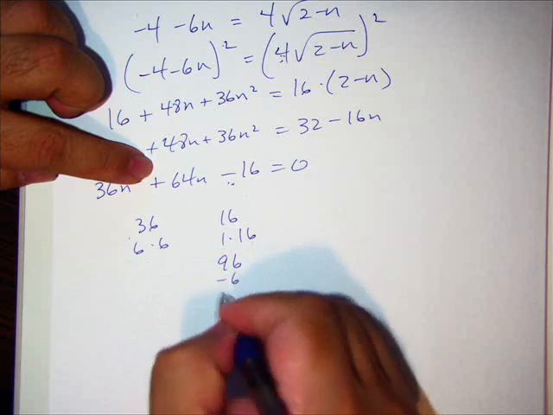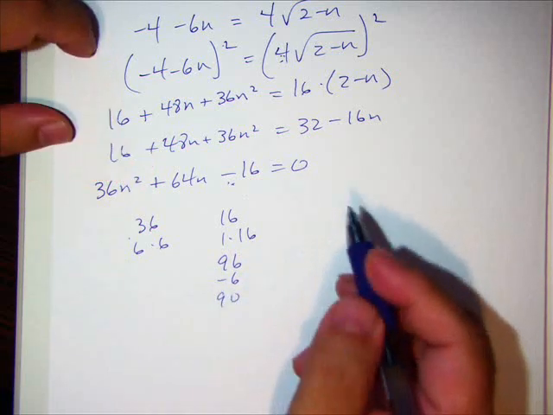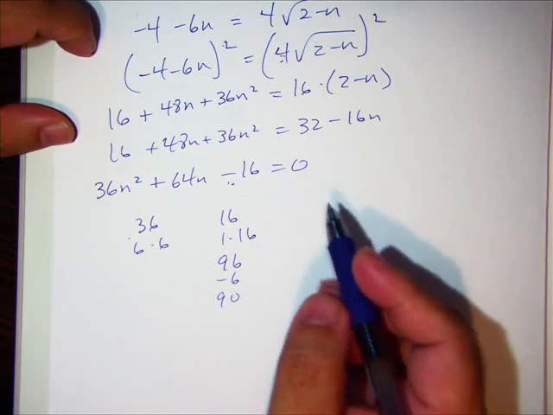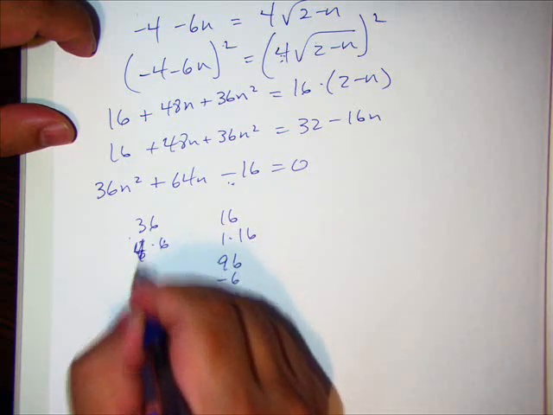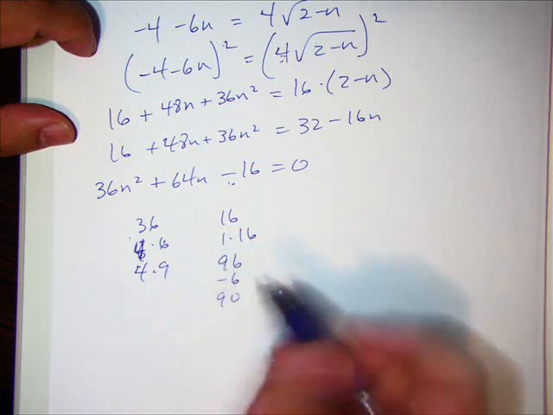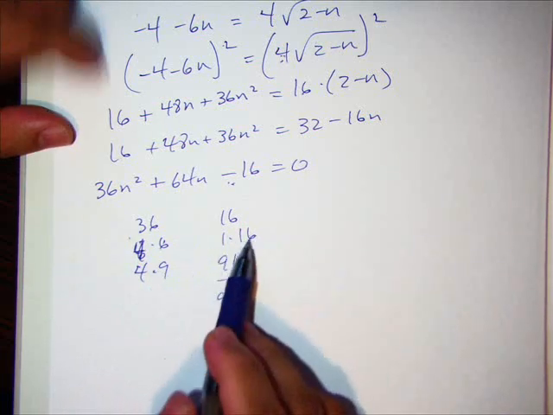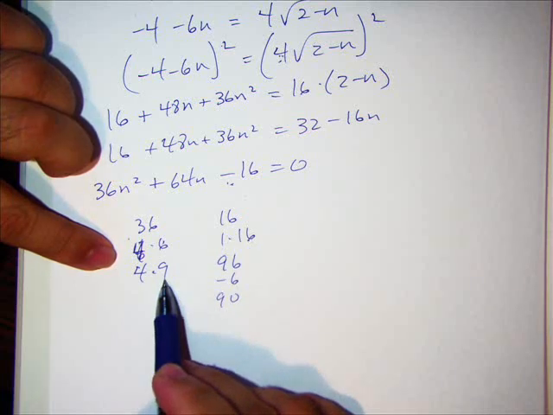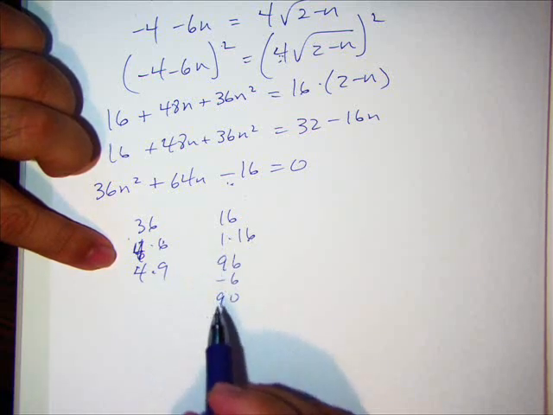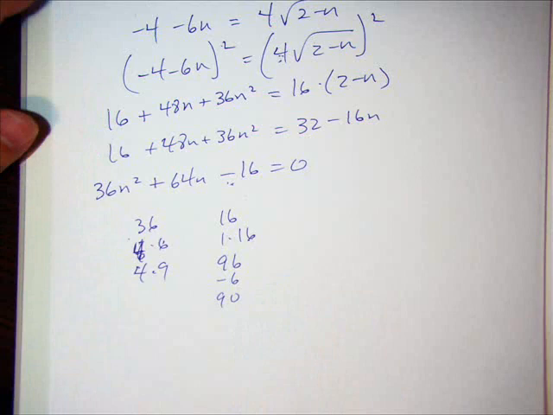And subtract the 6? No, that's not enough. So what does that mean? How about if we go 9 and 4? Sticking with 16 and 6. 16 times 9. Is that too big? It's too big.